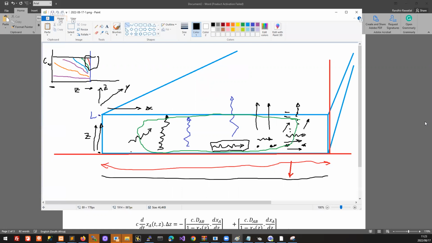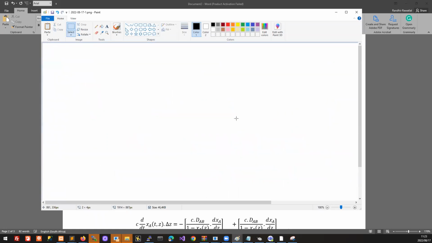Let's take a vessel like this, and we are feeding in here and withdrawing here. So there's a certain volume here, and then there's a volumetric flow in here. We'll call that Q in, and there's a volumetric flow out here, Q out.